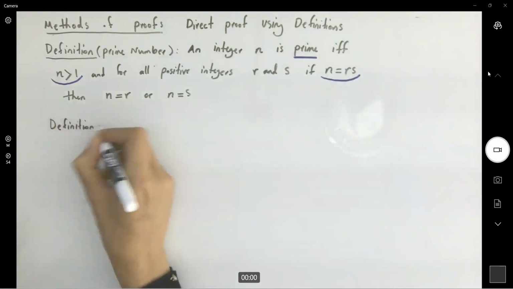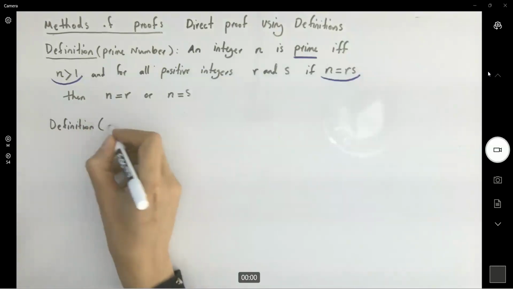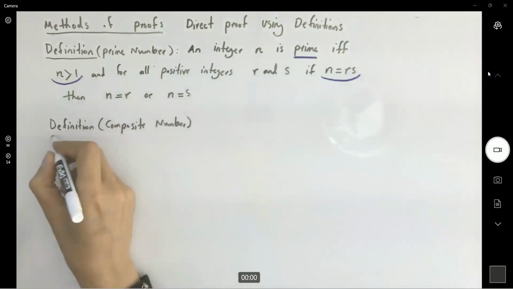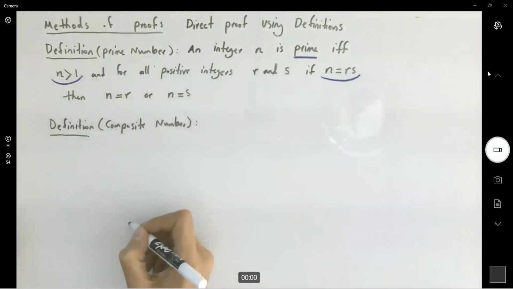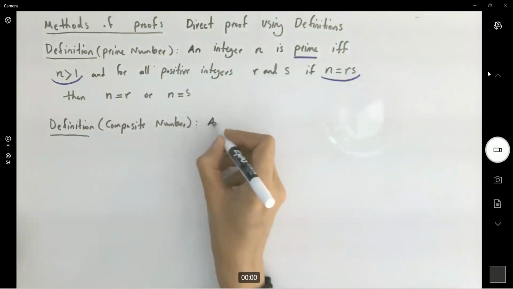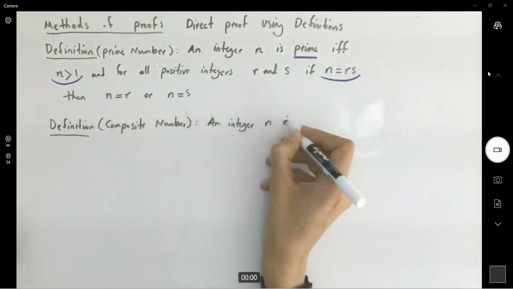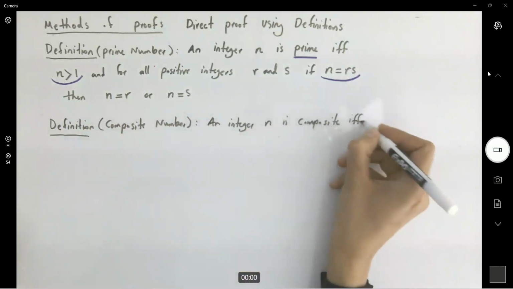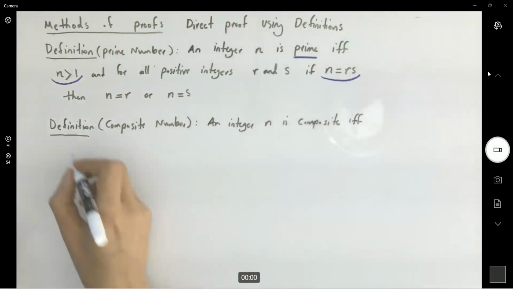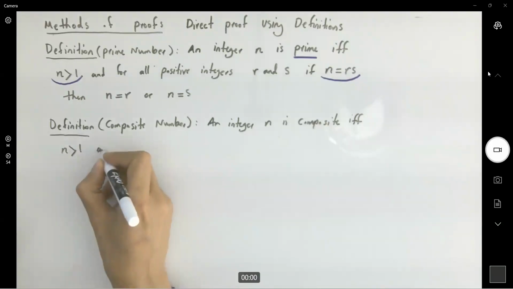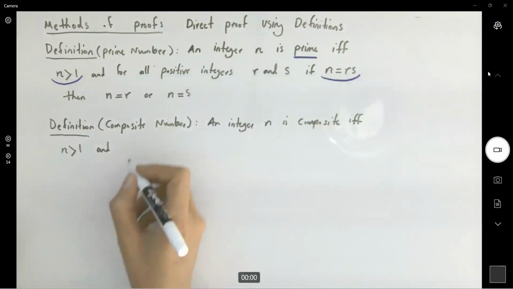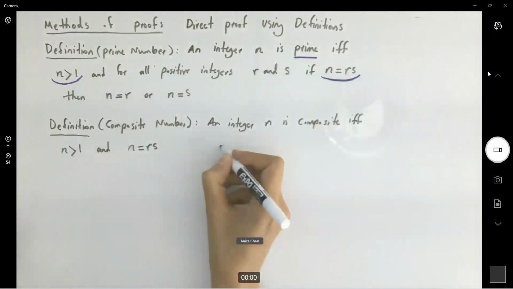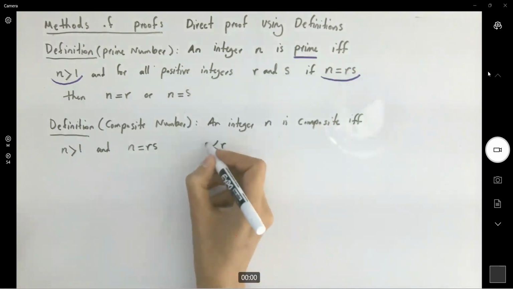Definition of a composite number. An integer like n is called composite if and only if, again, n is larger than 1, and if n is equal to R times S, R is bounded between 1 and n.